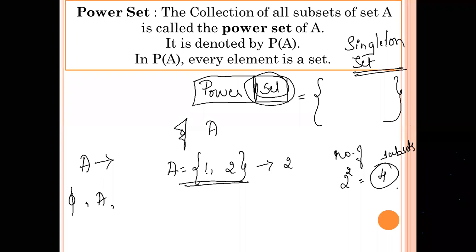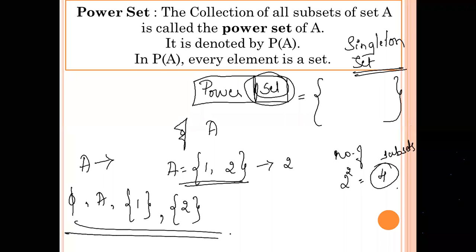Now my set A has 2 elements, 1 and 2. So the other 2 subsets are singleton set 1 and singleton set 2. So these are my 4 subsets: the empty set, the set itself, the singleton set containing 1, and the singleton set containing 2.